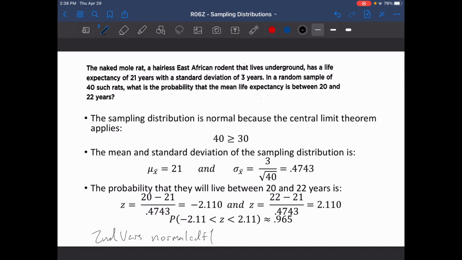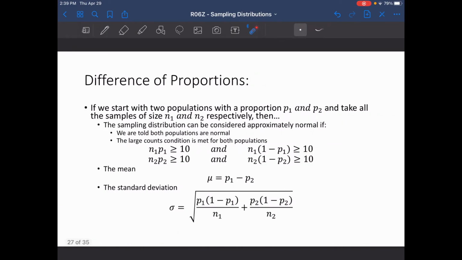So 20 will represent our lower bound, 22 will represent our upper bound, our mean will represent 21, and our standard deviation will be 0.4743. That gives us a value of 0.965, which is exactly what we got if we worked out the z-score. So once again, normal CDF comes in super handy for this.